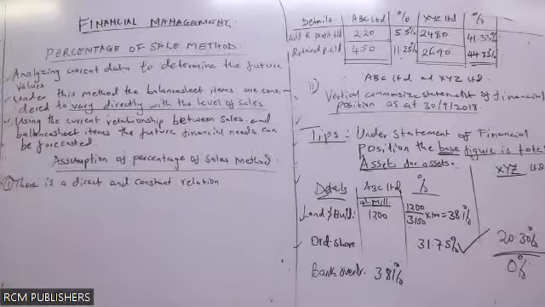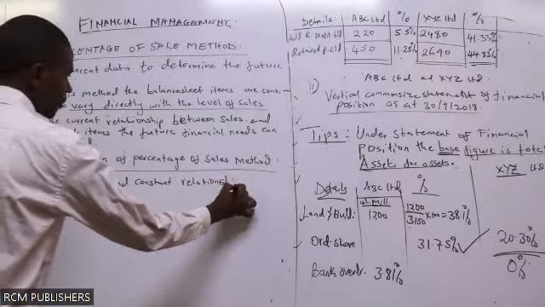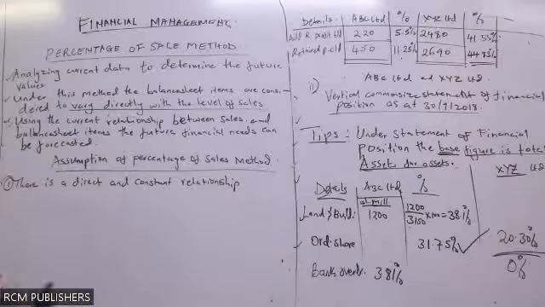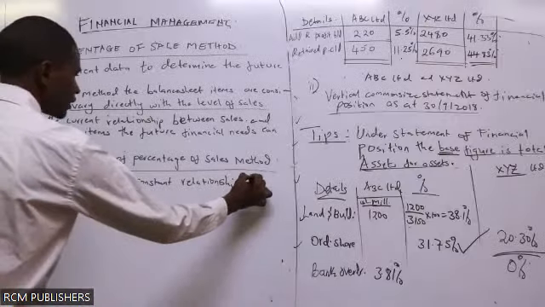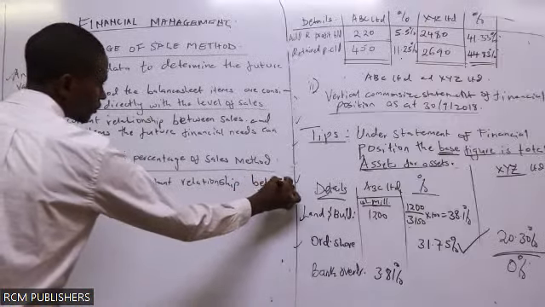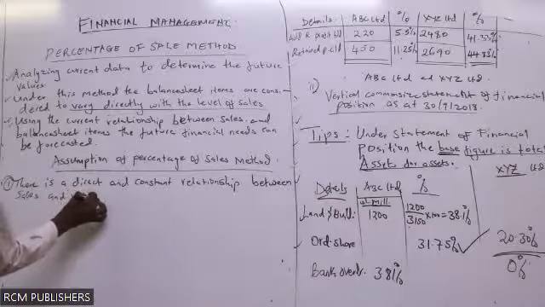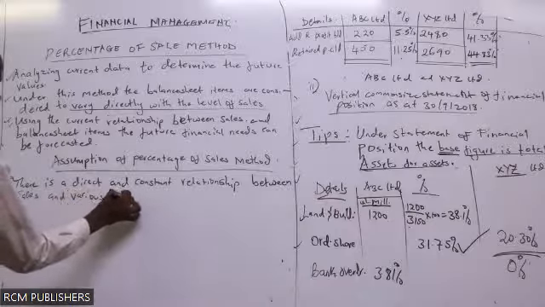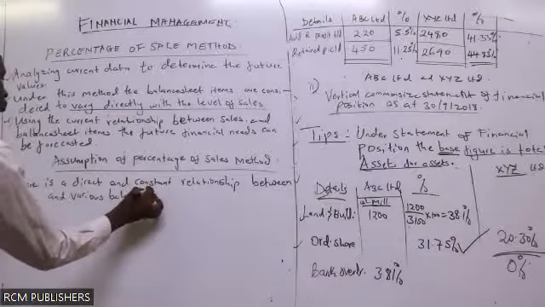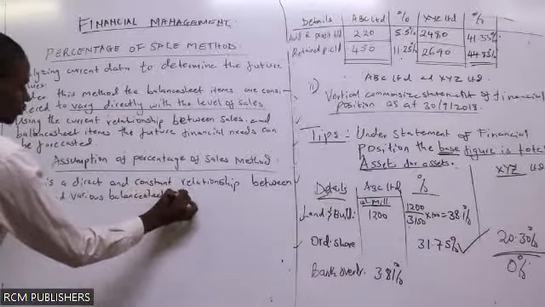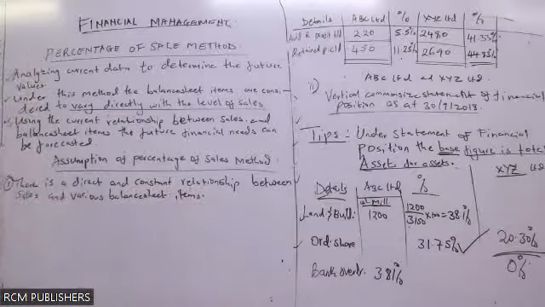Examiner anaweza kuuliza relationship between sales and various balance sheet items. Hii ni testable.